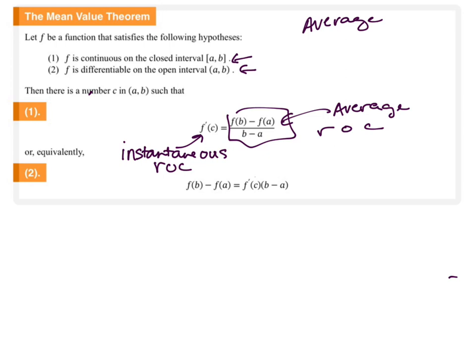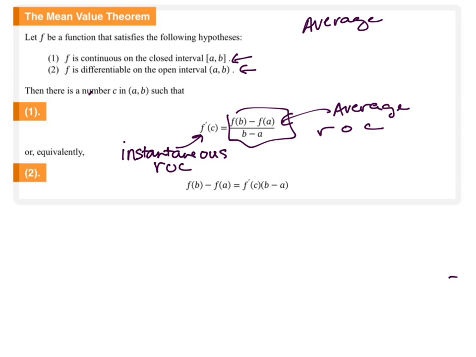The mean value theorem says that at some point during my trip, I went 75 miles an hour. So not only did I average 75 miles an hour on the total trip, but at some point during the trip, my odometer went through 75. That's the mean value theorem. Okay? The average rate of change at some point is equal to the instantaneous rate of change.